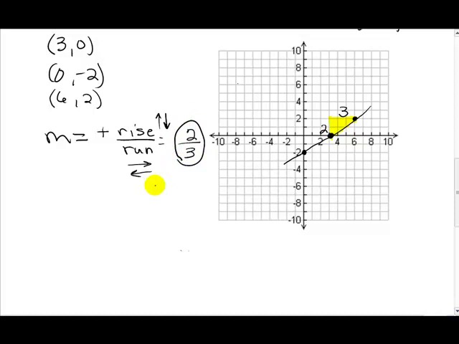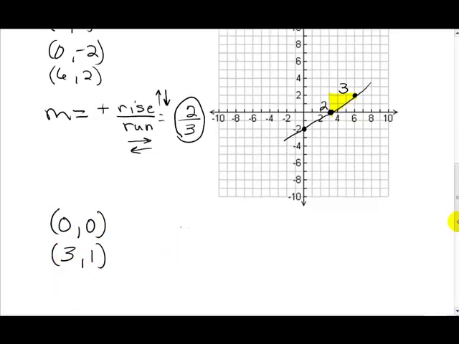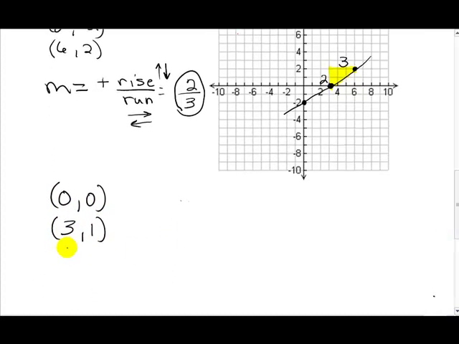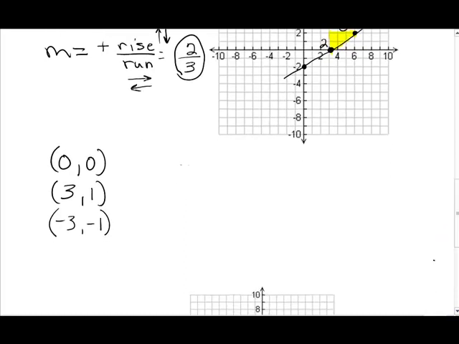Alright, I want to give you one more because I want you to practice finding the slope yourself. So let's take these ordered pairs, and go ahead and graph that and find the slope.